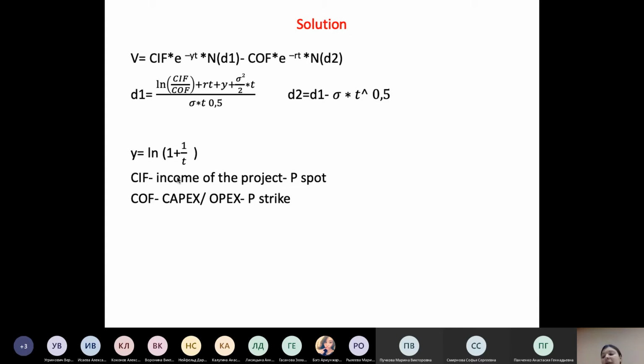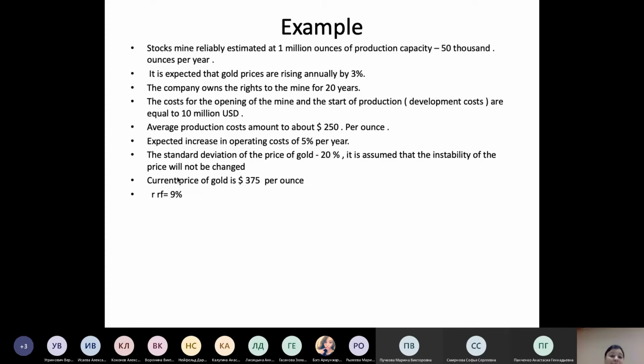Certainly, later I'll return to this formula and propose the total solution of this task based on it. But first of all, let's read the task together and then find the solution of this task in our future research.